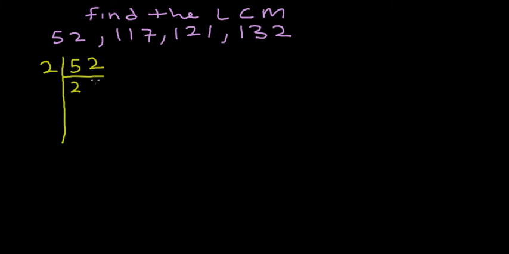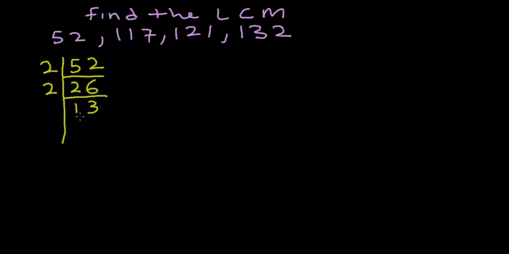So 2 in 12 gives you 6. 2 can still divide 26. So 2 divide 2, that's a 1. 2 divide 6 gives you 3. Okay, 2 can no longer divide 13 without a remainder. Neither the next prime number, which is 3, can divide 13.